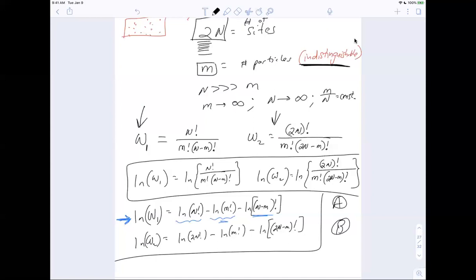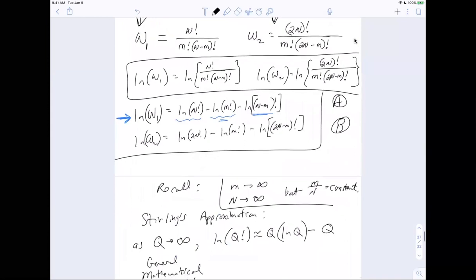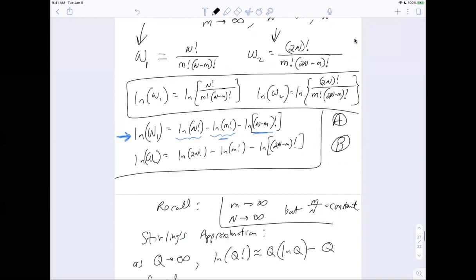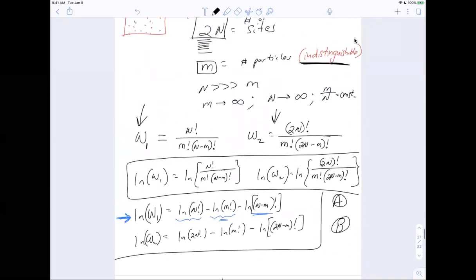And 0 factorial is 1. In fact, you can prove that using series expansions, but we won't do that today. That's a different thing. So when you do that, you can get expressions for the W's, which are the ways you can arrange these indistinguishable particles. And these W's are for indistinguishable particles, okay, indistinguishable things that you place on these lattice sites.